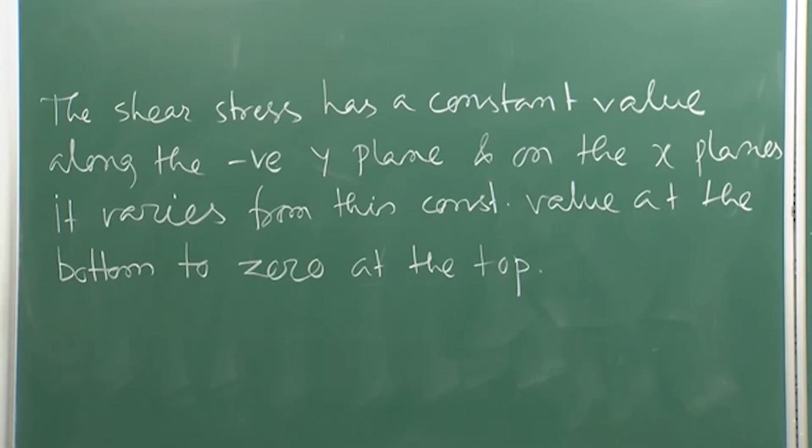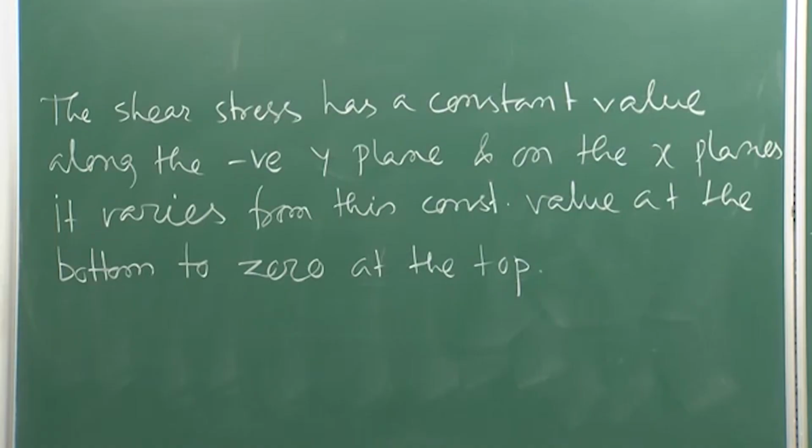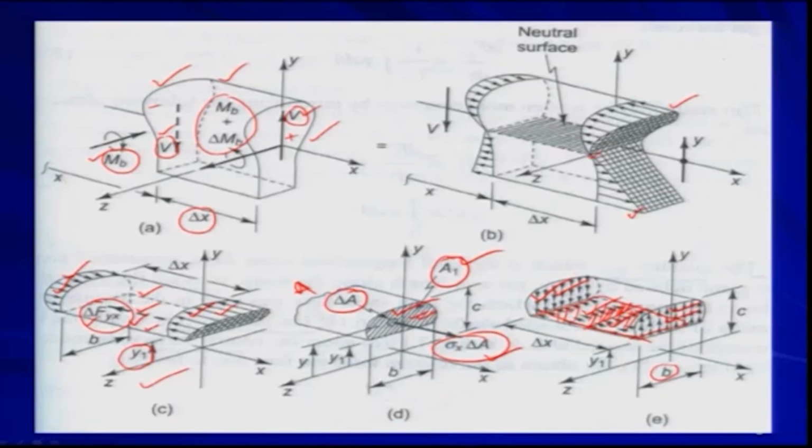But when you are talking about the shear stress on the x planes, that means on these planes, then basically it varies from this constant value. The constant value will be at the bottom, because this is the junction of the y plane and the x plane.